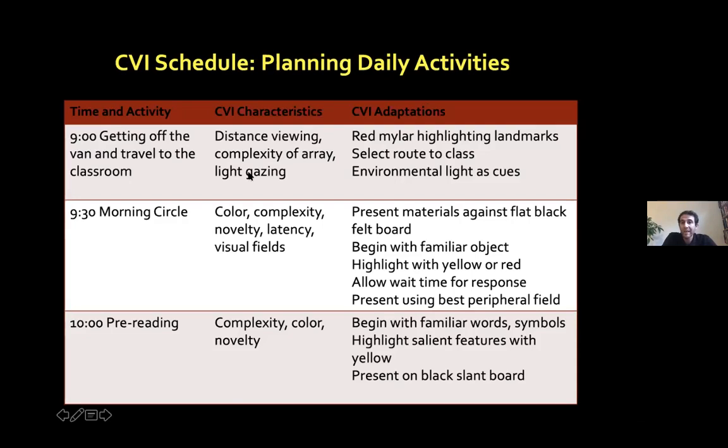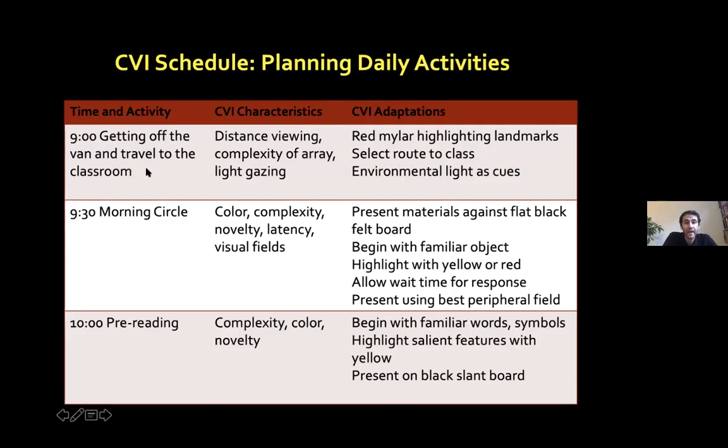And then we're thinking about how CVI impacts the child's ability to use their vision in that activity. Once we know that, we're going to make a list of the adaptations that we're making in order for the child to use their vision to the degree possible during that activity.